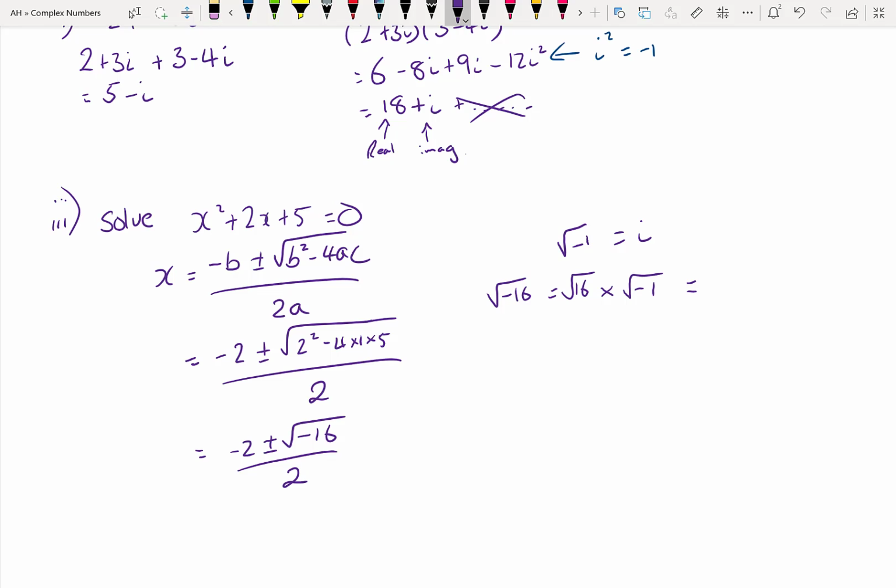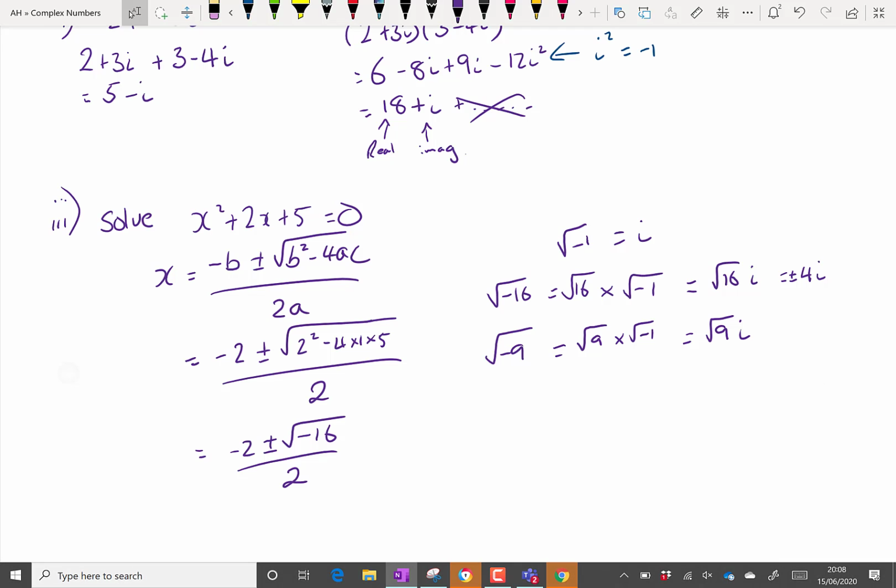And that is going to give me root 16 i, square root of 16, plus or minus 4i. What we could have done is if we had said the square root of minus 9, it would be the square root of 9 times the square root of minus 1. So all we're doing is essentially taking that negative part out of it, so that we can deal with the horrible bit under the guise of this i instead.